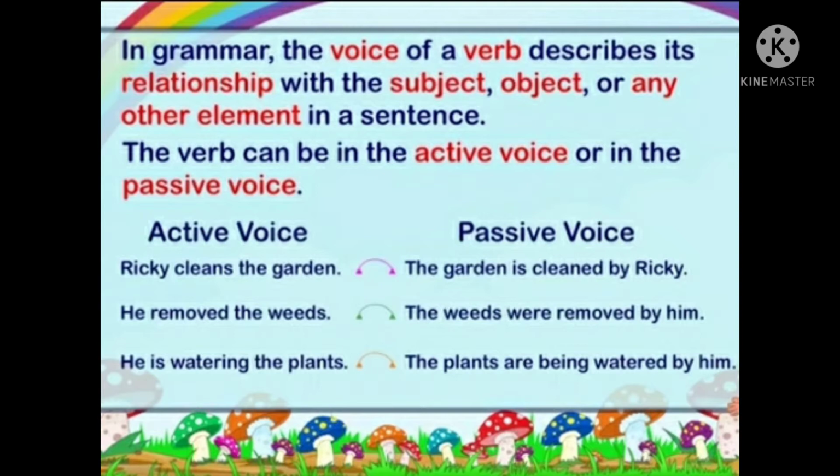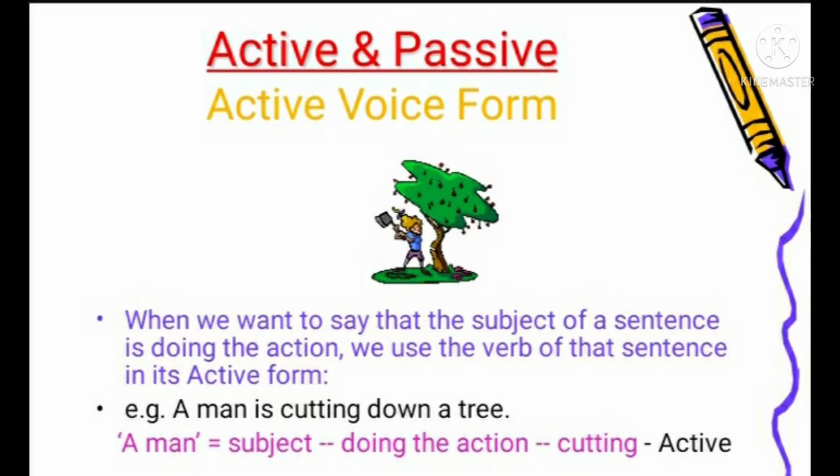Now let us understand what actually is the function of the verb in the active voice. When we want to say that the subject of a sentence is doing the action, we use the verb of that sentence in its active form, meaning the subject is doing the action.